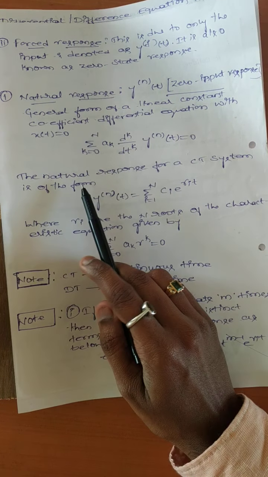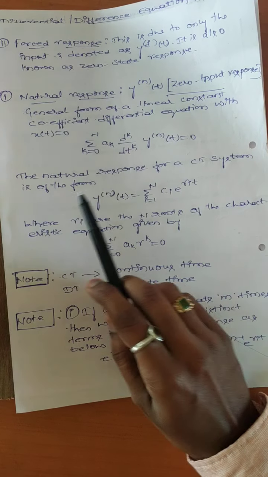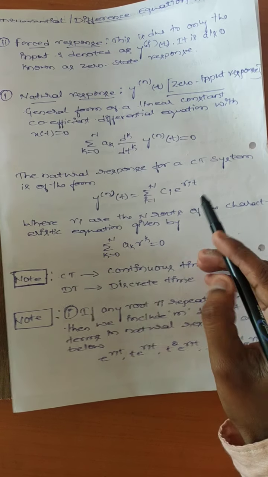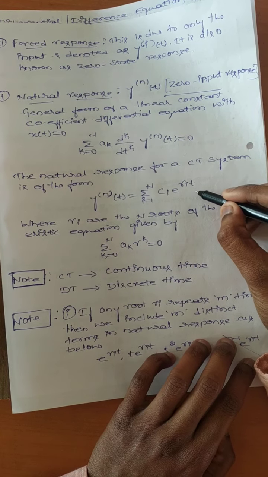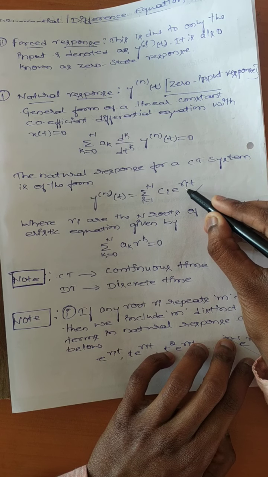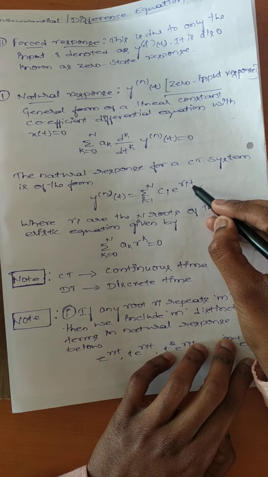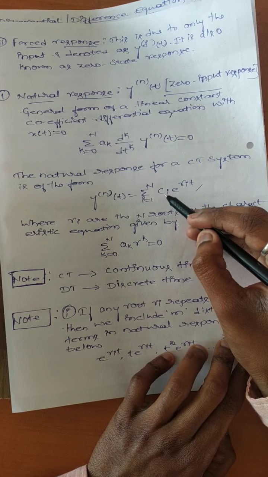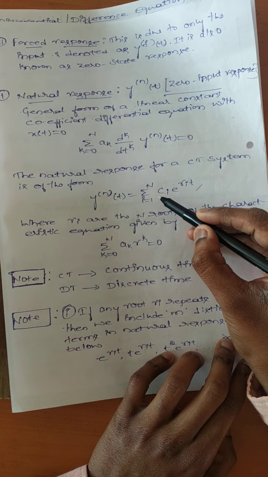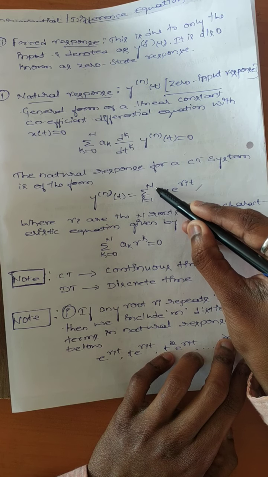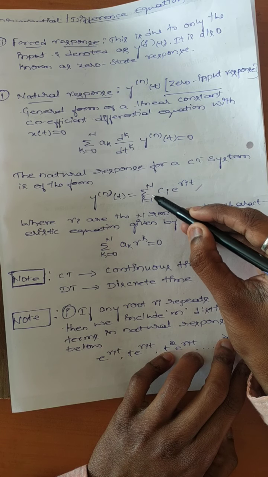Look at this equation. The natural response for a continuous time system is of the form: the summation of ci e to the power of ri into t, where the sum runs from i equals 1 to n, not 0.